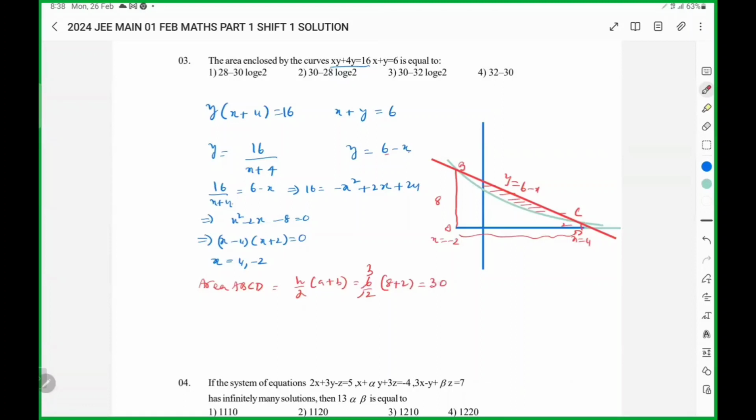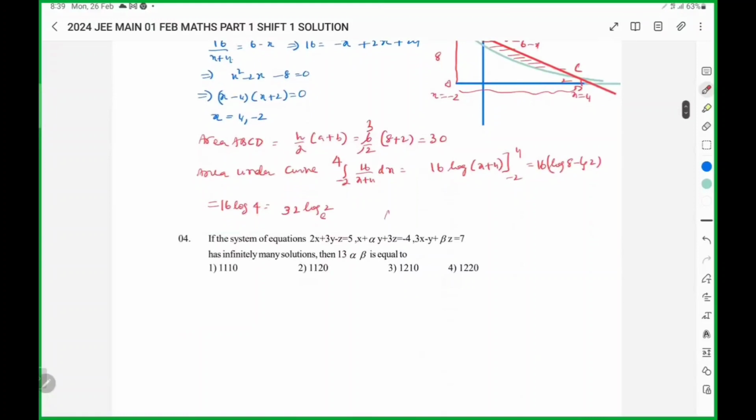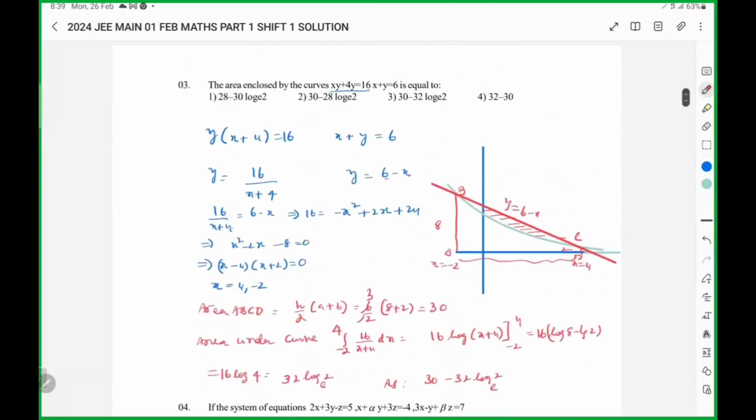And the area under the curve from minus 2 to 4 of 16 by (x plus 4) dx is 16 log (x plus 4), which is 16 (log 8 minus log 2), which is 16 log 4, which is 32 log 2 to the base e. So the final answer is 30 minus 32 log 2 to the base e.